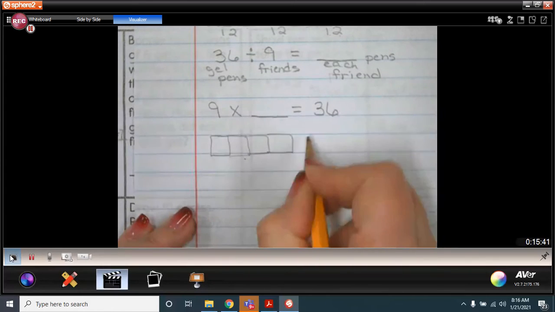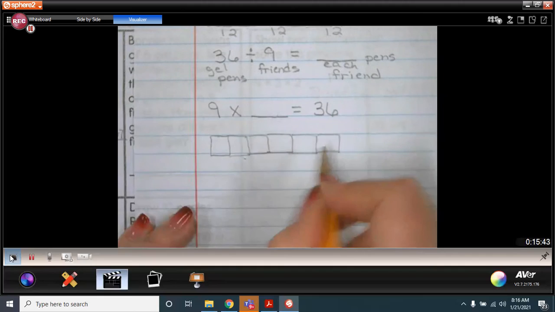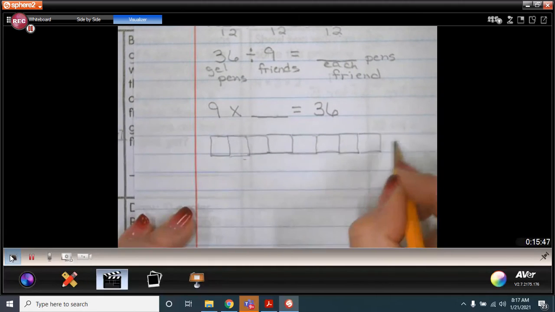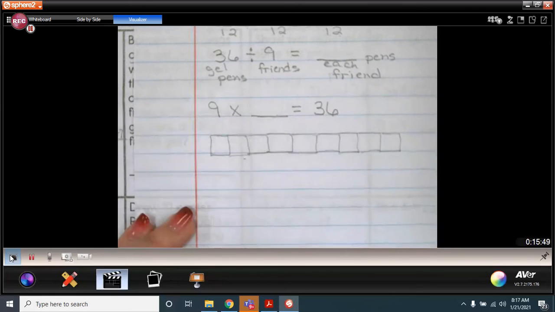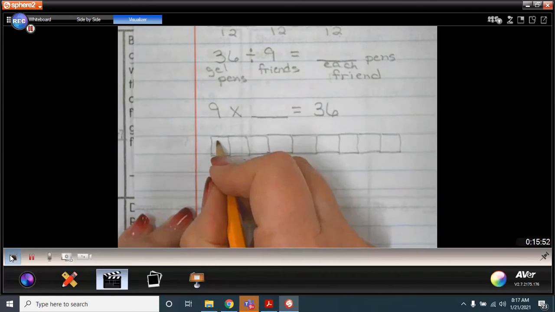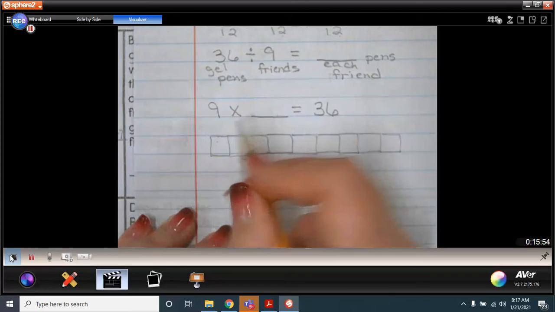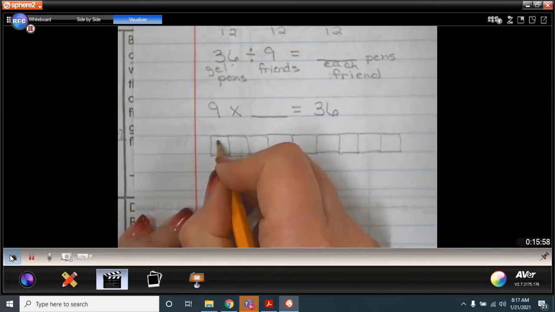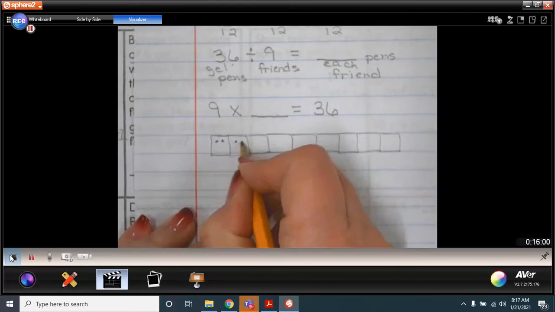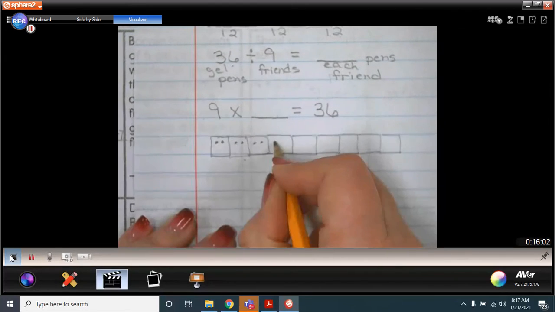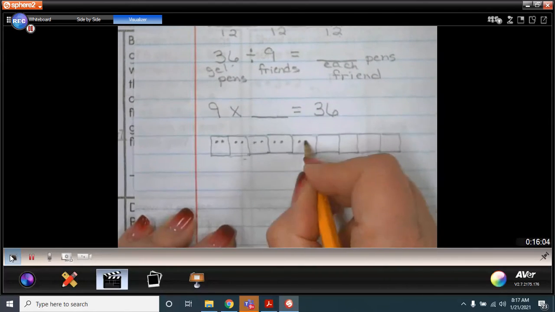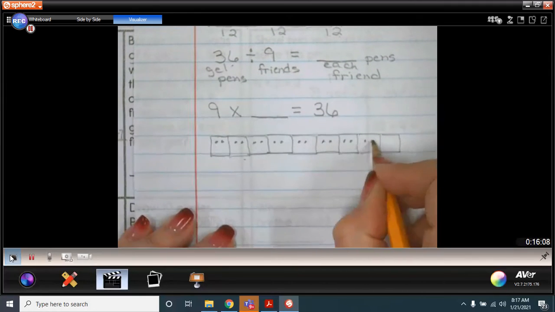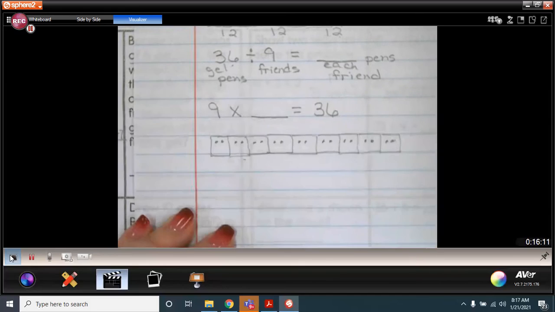If I don't, I could take my 36 pens and share them equally between the 9 friends. 1, 2, 3, 4, 5, 6, 7, 8, and 9. So now I start giving my friends pens, and since this is an even number, I can go ahead and start off with 2. 2, 4, 6, 8, 10, 12, 14, 16, and 18.